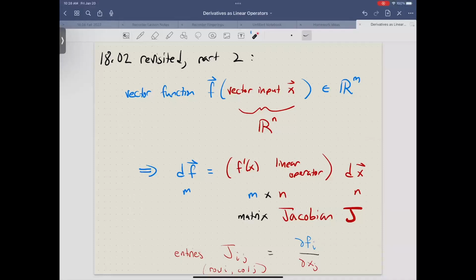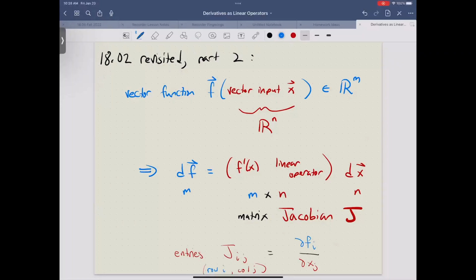If you think of a matrix as a linear operator, the rows are the outputs, which are the df's, and the columns are the inputs, which are the dx's. So it really matters that the rows are the different f's and the columns are different x's.